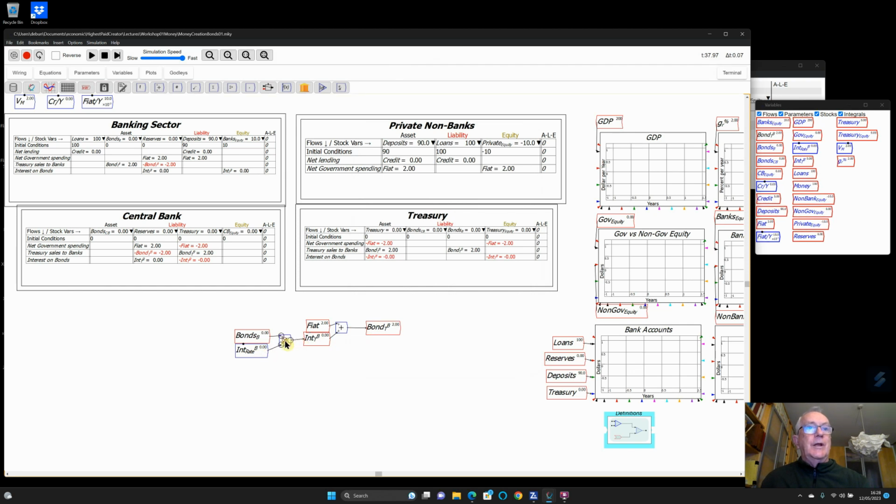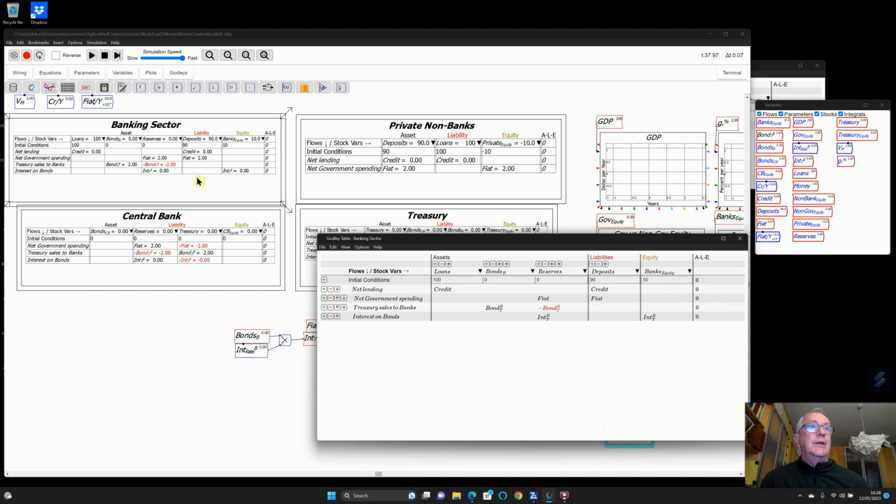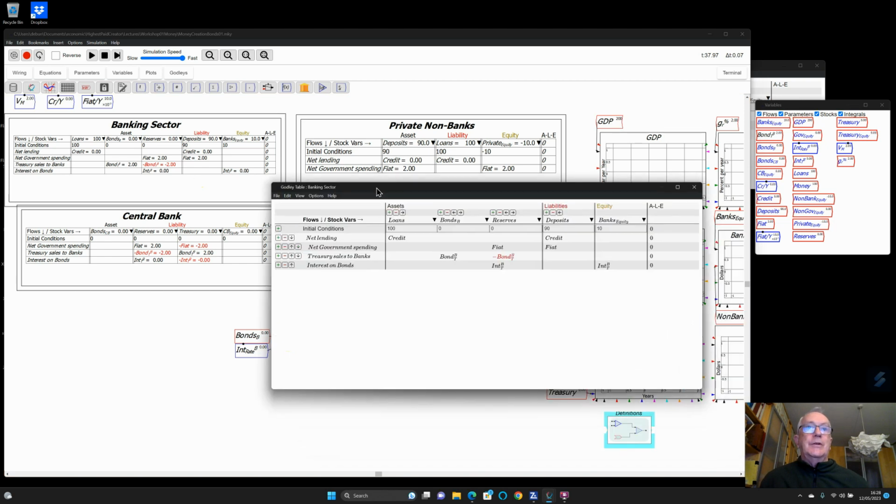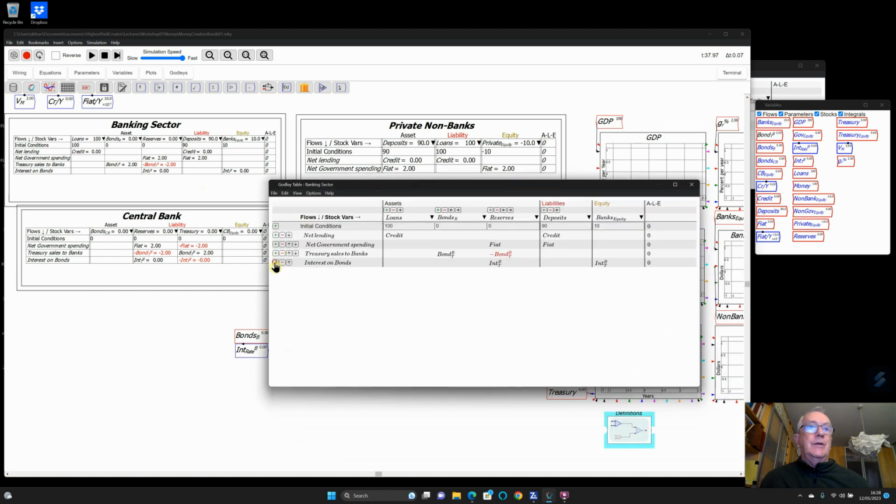And then what I'm going to have as well is the central bank buying some bonds in the open market operations it does with private banks. And in that process, buying bonds that are equivalent to the interest payments on existing debt. So I'm going to add one more row here: central bank bond purchases. You call it OMO for open market operations, which is how they actually get involved in doing this buying.